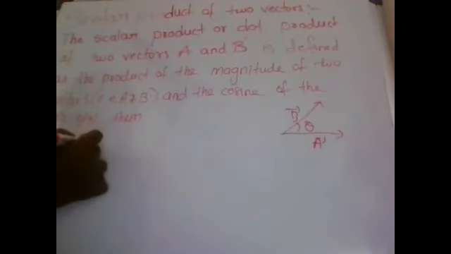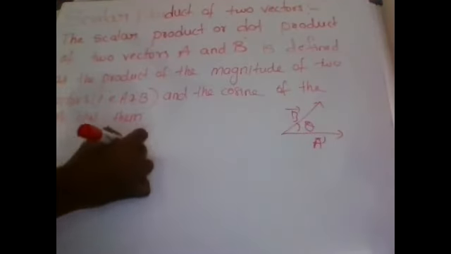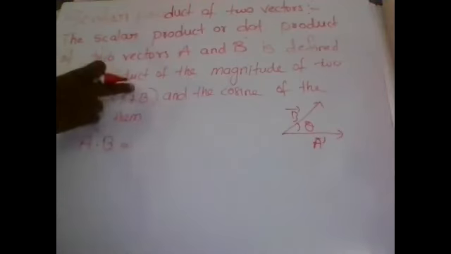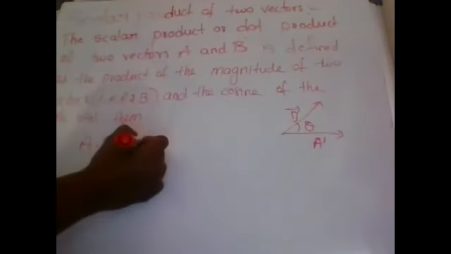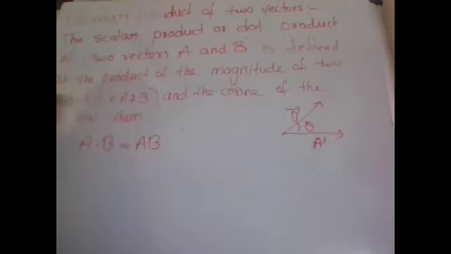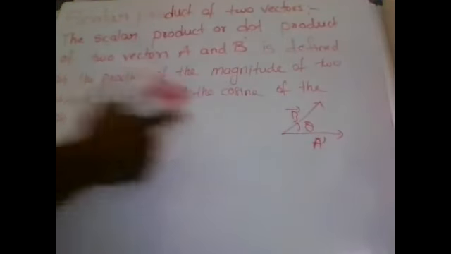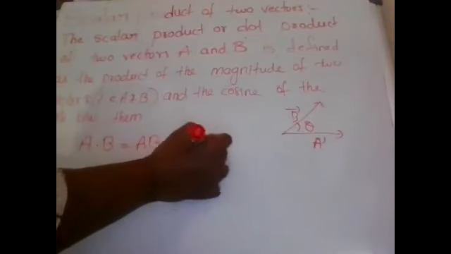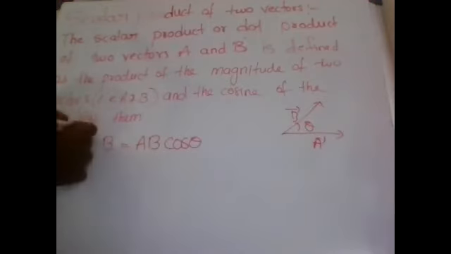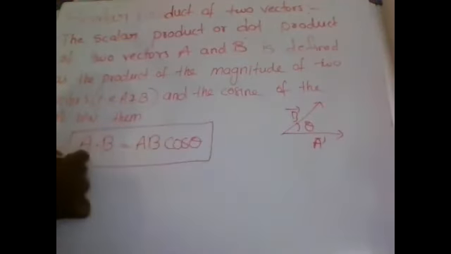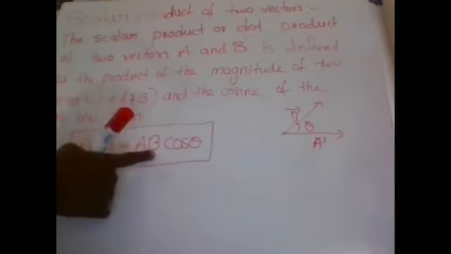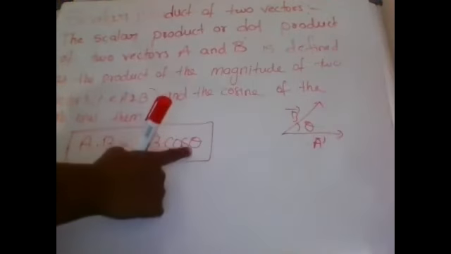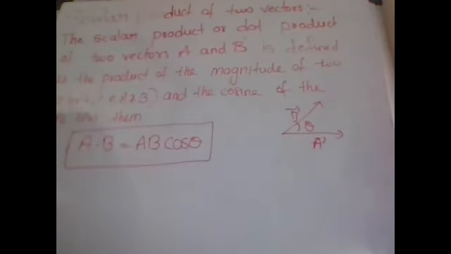So A dot B equal to what is the value? The product of the magnitude of two vectors, A into B, and the cosine of the angle between them.